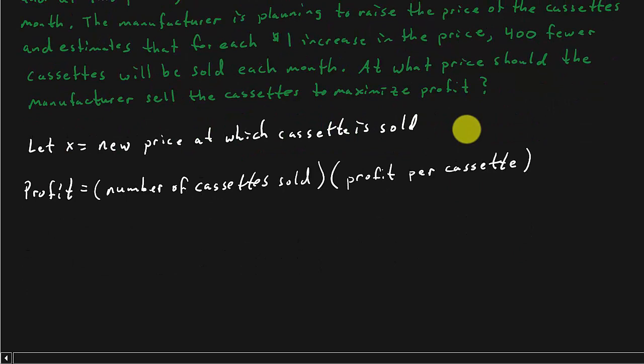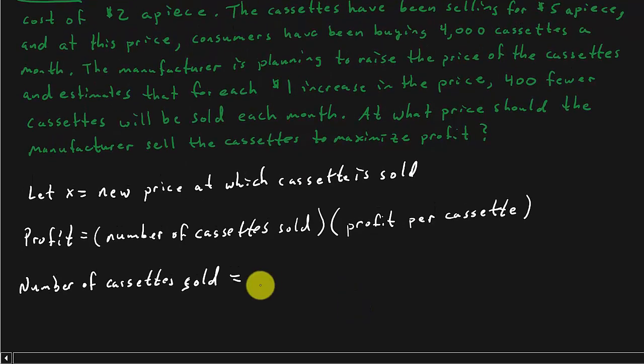All right. So let's get the number of cassettes sold. Number of cassettes sold. So what does that equal? Well, they sell 4,000 each month, right?